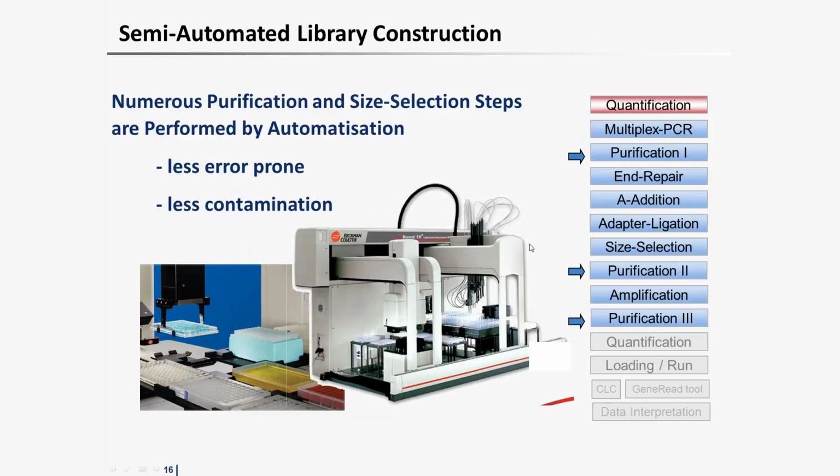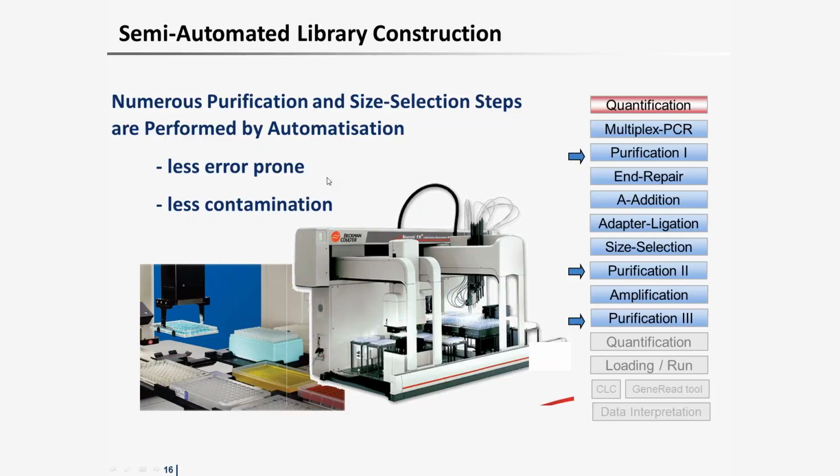And then the whole workflow is shown here, and you see that quite a lot of purification steps were performed, and that is done to get rid of primers, nucleotides, adapters, and so on. And so we perform a purification step after target enrichment PCR, after adapter ligation, and also after the final amplification.